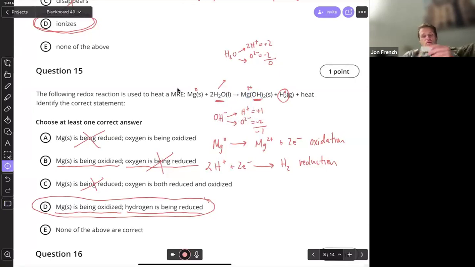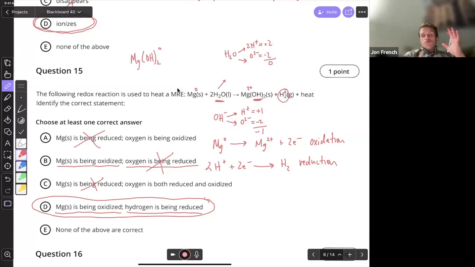We've been doing this all along, right? Magnesium hydroxide, the total charge is neutral because I've got magnesium 2+ and two hydroxides at -1 each. So +2, -2, the whole thing is neutral. So we can assign charges.